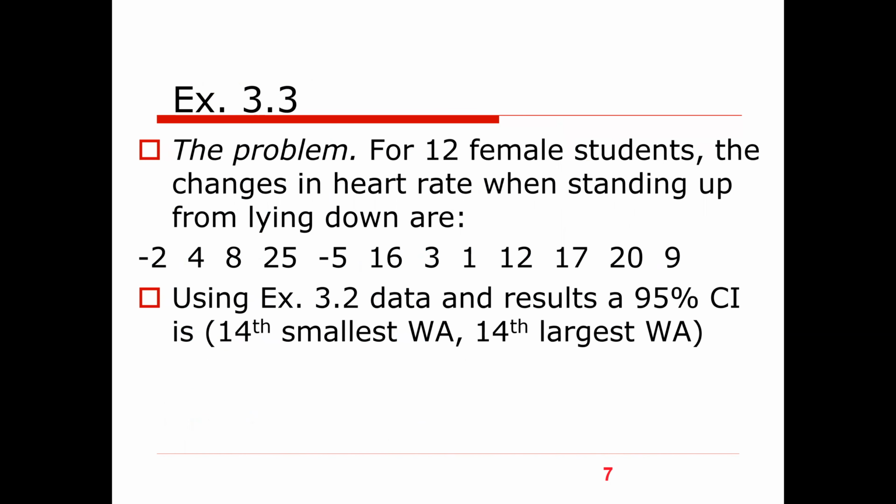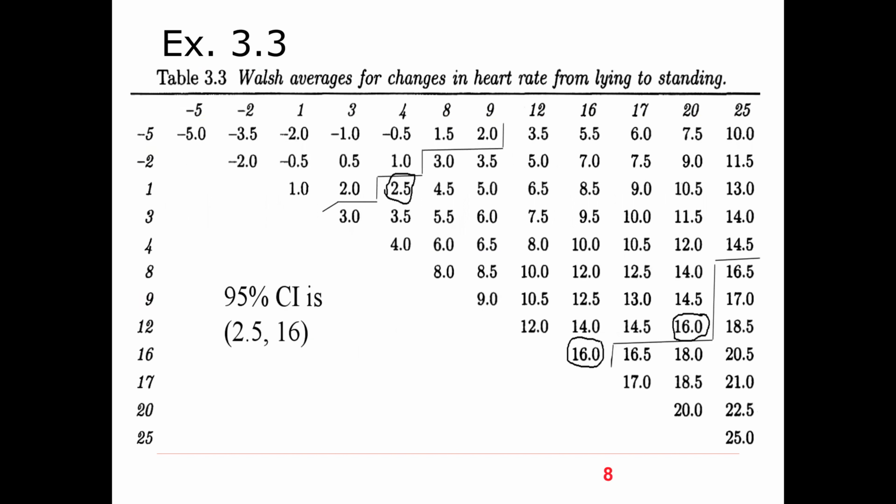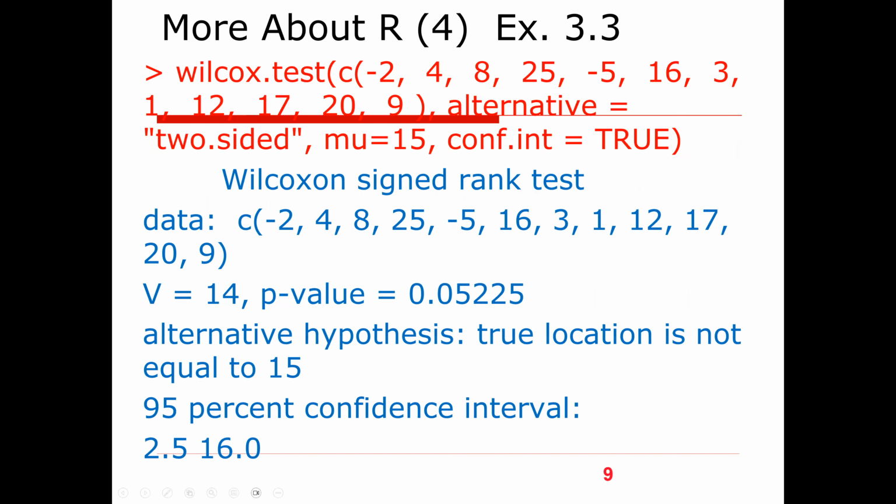All right, then example 3: establish a confidence interval using the 12 female students' heart rate changes when they change position. In the last lecture, we manually established a matrix like this using the Walsh averages to identify this confidence interval. And if we use wilcox.test, it's similar.